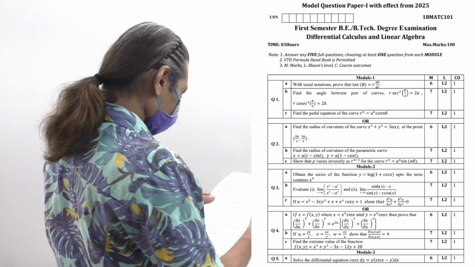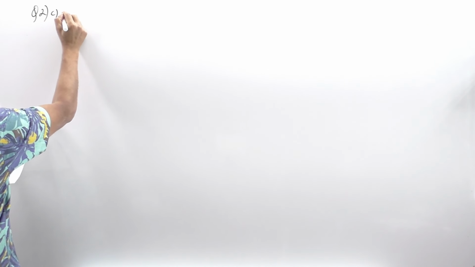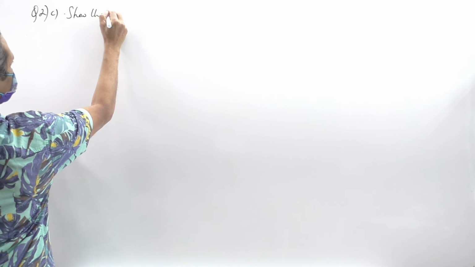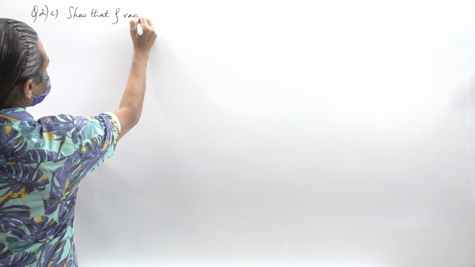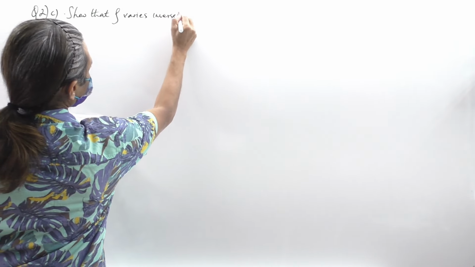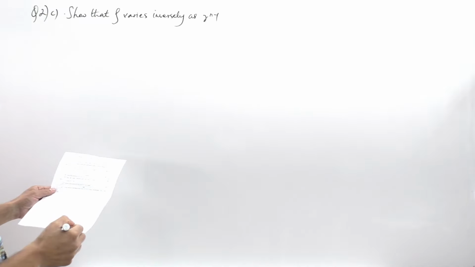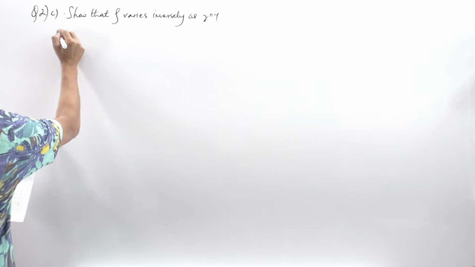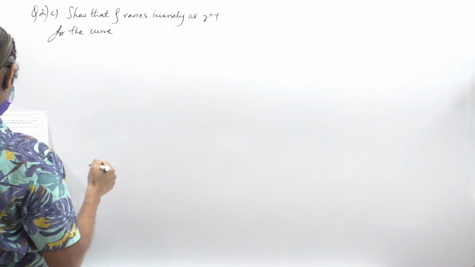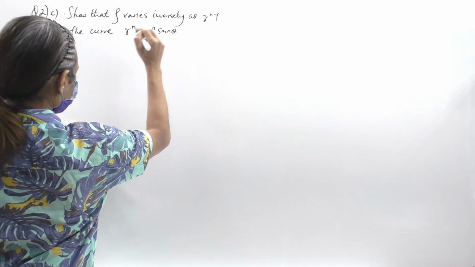Now the next problem is question number 2c. It says, show that rho varies inversely as r to the n minus 1 for the curve r to the n is equal to a to the n sin n theta.